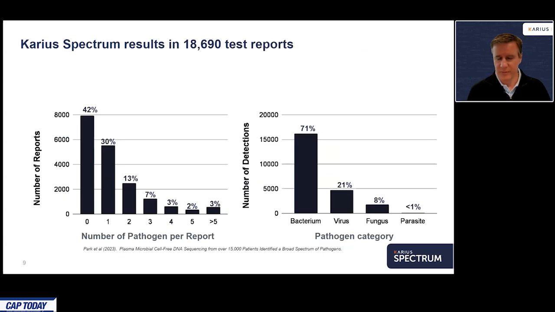For those that are less familiar with the test at scale, we published a couple years ago an analysis of just what the standard testing process looked like over more than 18,000 samples. And it's surprising to some that are less familiar or have experience with earlier versions of metagenomic testing that about 40% of the tests we report back have no pathogens identified that exceed all of the analytical and clinical filters that are applied prior to reporting.